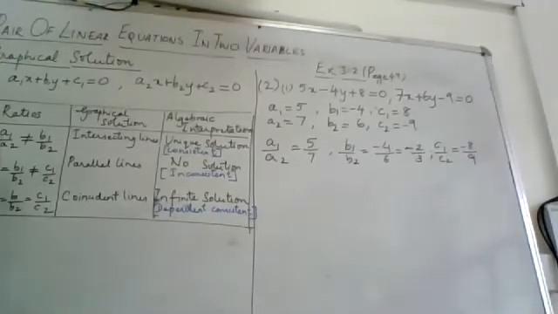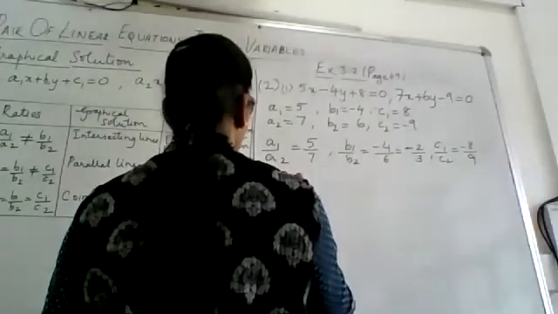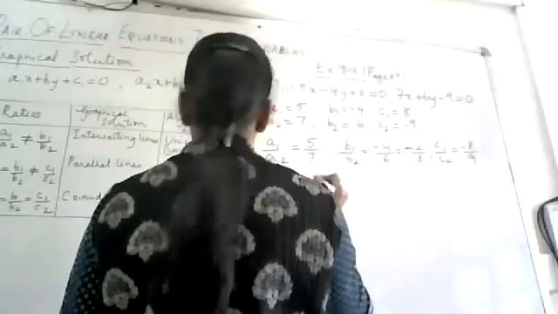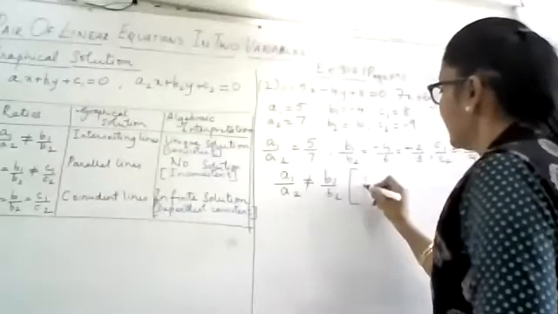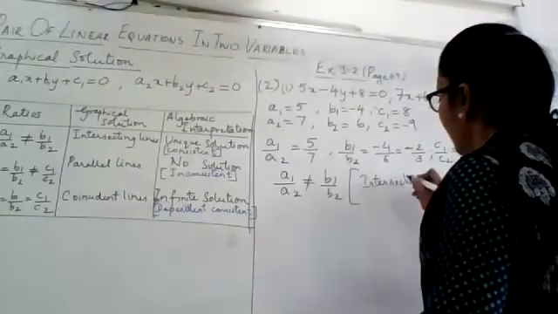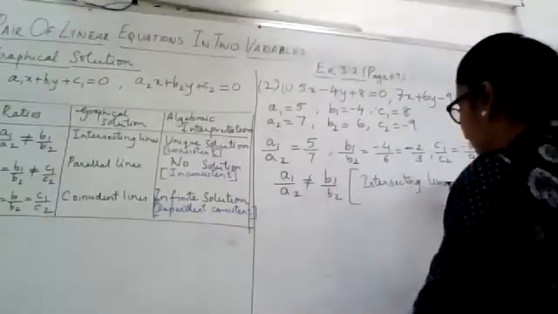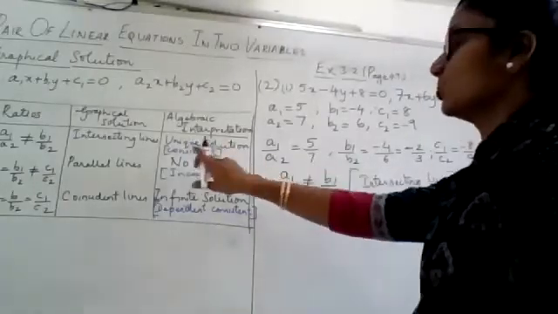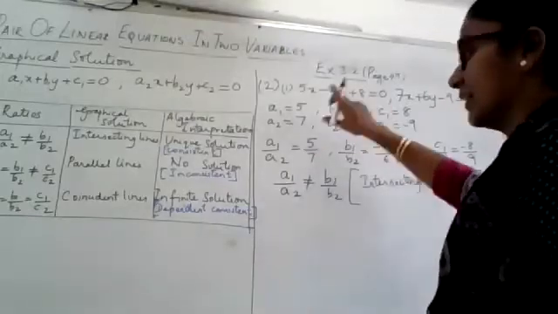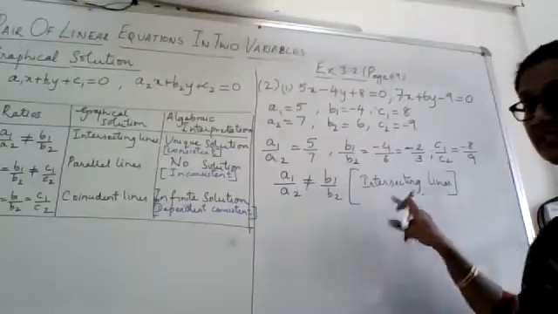It is already telling that a1 by a2 is not equal to b1 by b2. So I am going to get a unique solution, or it is a pair of consistent set of equations. So within bracket you will write, it will be intersecting lines, because I have a unique solution. When I say a1 by a2 is not equal to b1 by b2, I know I will get a unique solution. That means the pair of equations are consistent and the solution will be unique with intersecting lines.